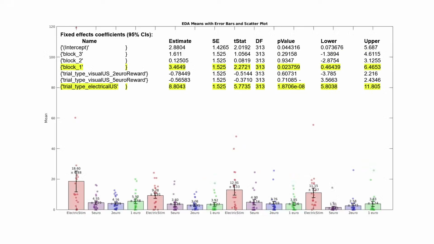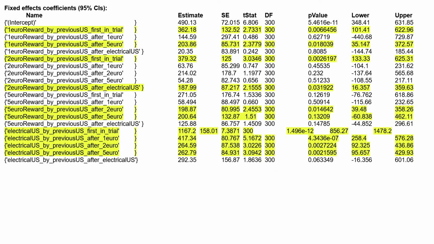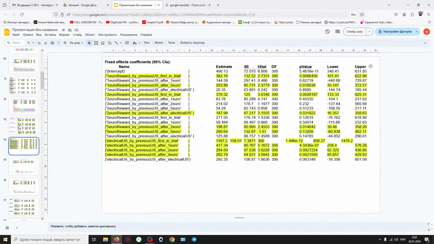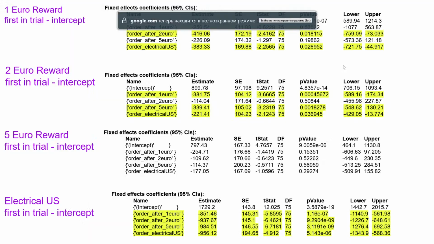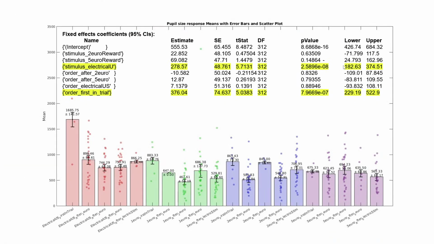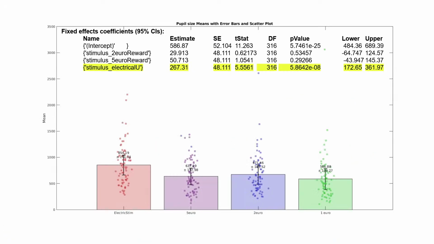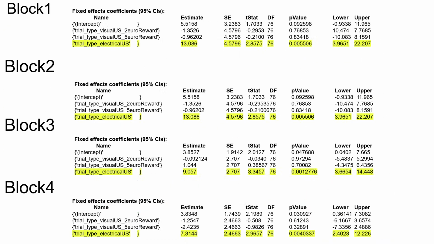Okay, one moment, we can take a look. So the average effect, for 1 euro at the end of conditioning, is about plus 0.5 millimeters, and for the electrical stimulation 0.8.